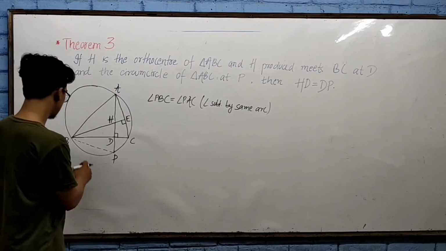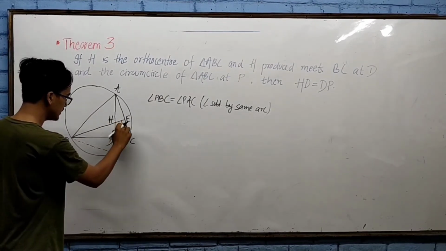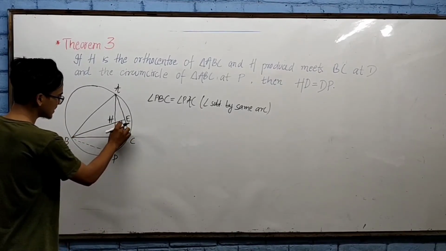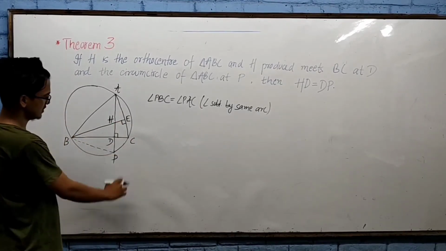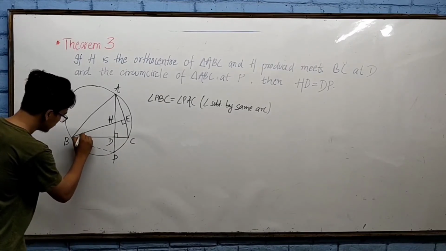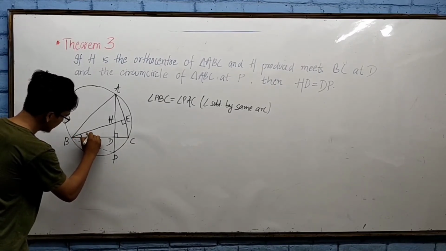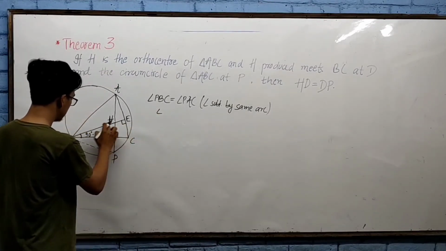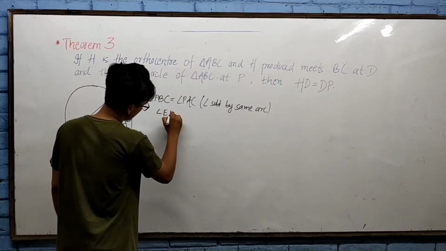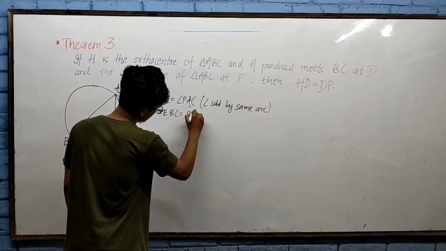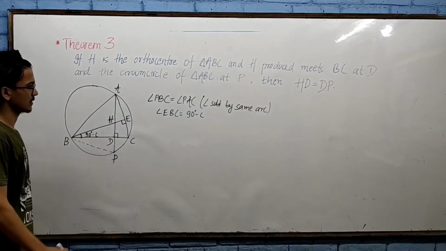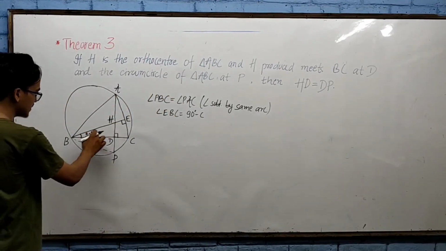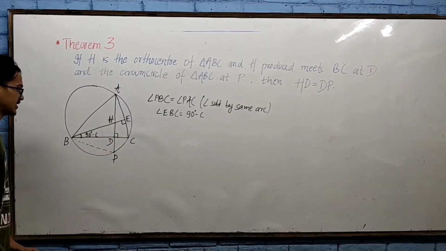Now consider this triangle BEC. This is 90, this is angle C. So this angle must be 90 minus C. That is, angle EBC equals 90 minus C, so that the sum of these three angles becomes 180.